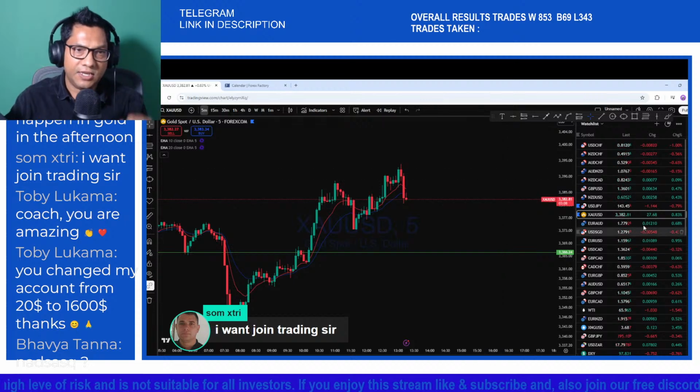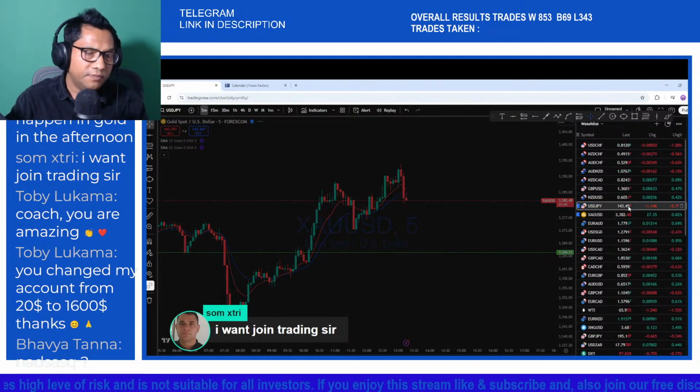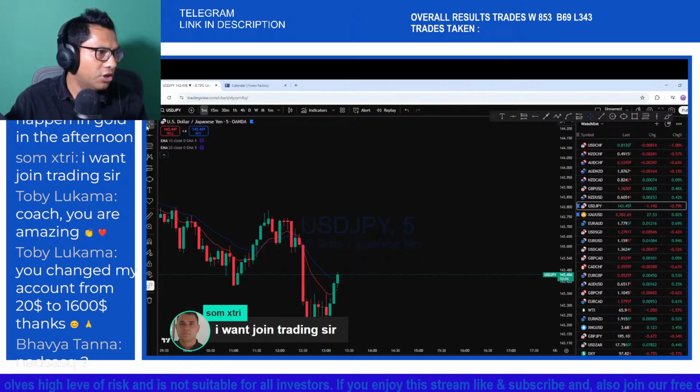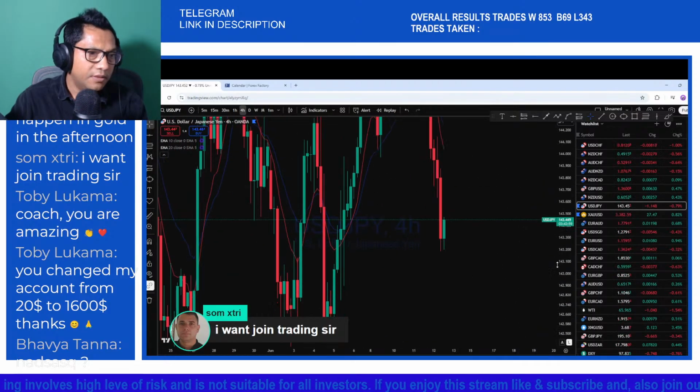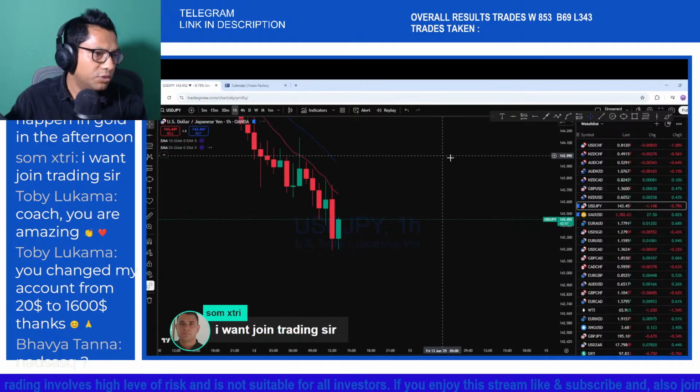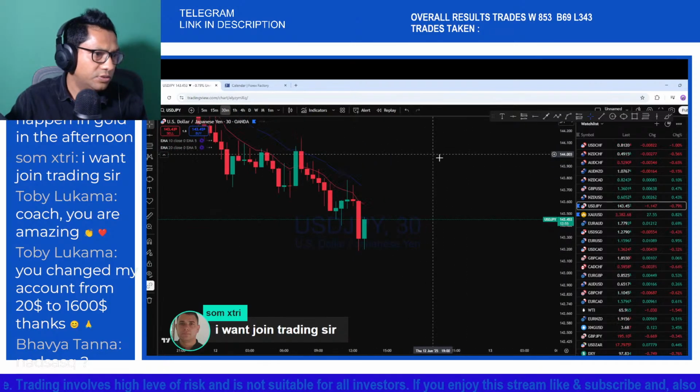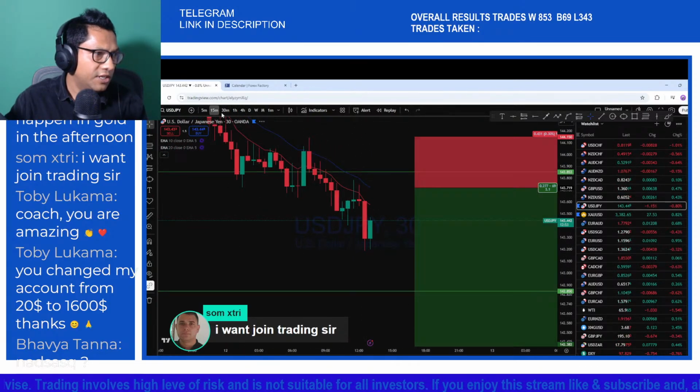Simplicity is the key. Let's see what's happening with the dollar yen. We can see dollar yen pushing back to the upside here. That might be a possible opportunity. Let's wait to see where it is heading.